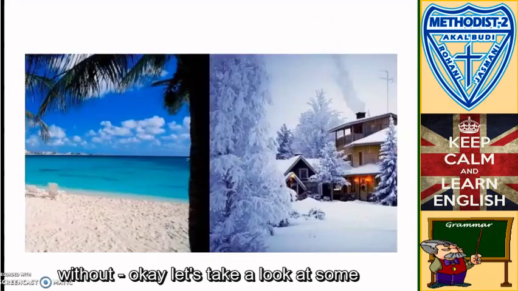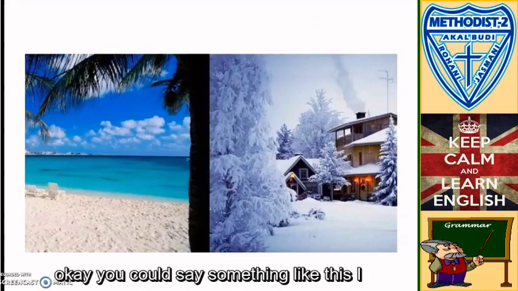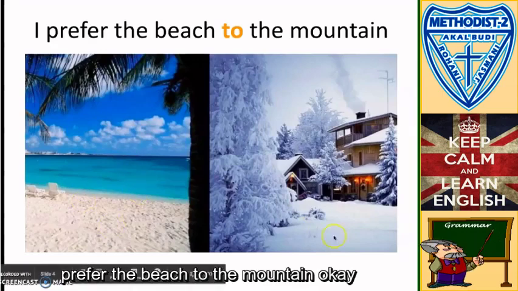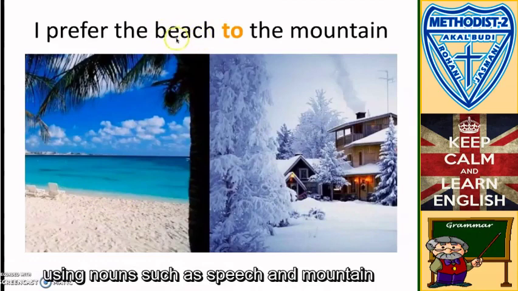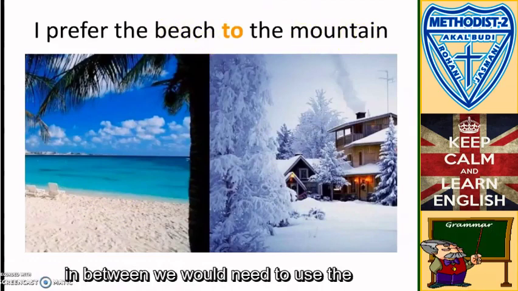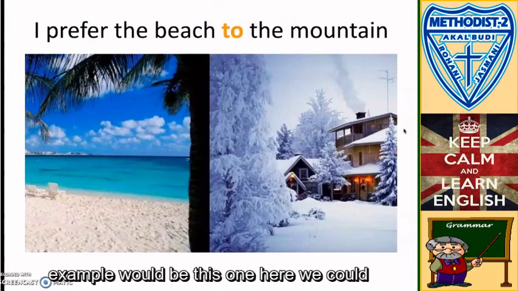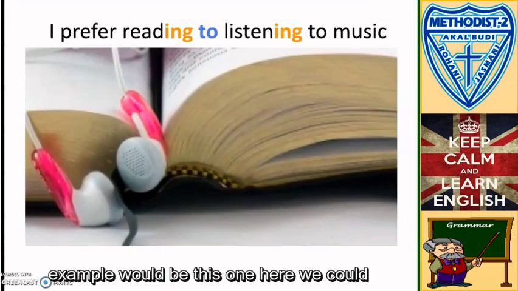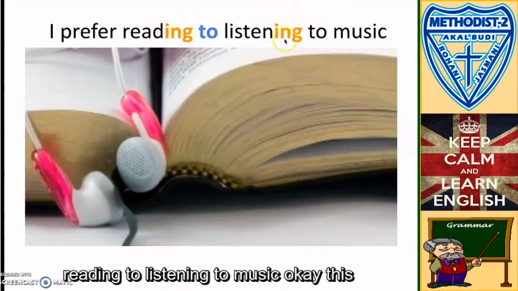Let's take a look at some pictures. Imagine that you're speaking in general. You could say something like this: I prefer the beach to the mountain. Again, remember that if we are using nouns such as beach and mountain, in between we need to use the preposition to. Another example would be this one here. We could also use the gerund and say, I prefer reading to listening to music.